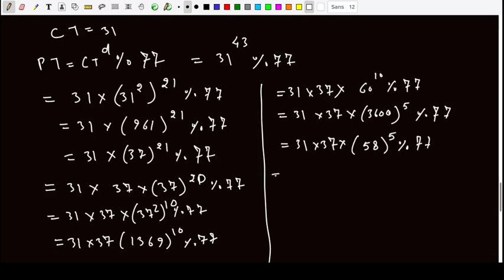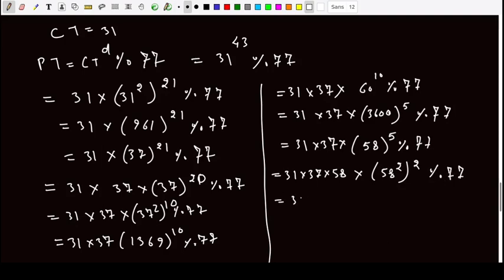Now let's do the same thing over here. 31, 37 into 58 into 58 square, squared. So I have taken one 58 outside, and then this is 4. Okay, modulo 77.